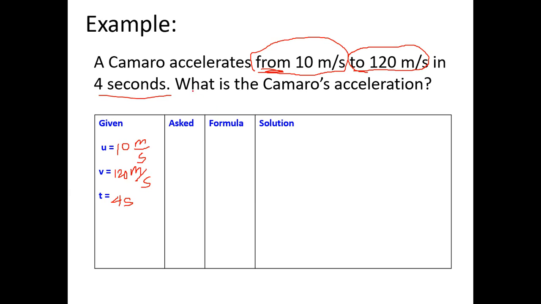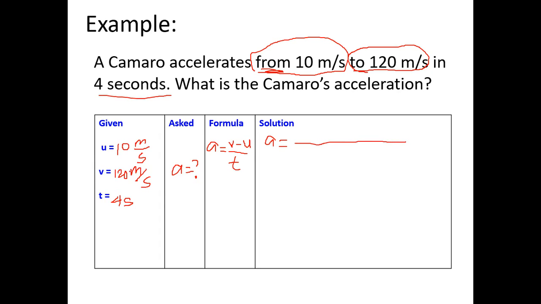Now, what is this problem asking? It says, what is the Camaro's acceleration? So the acceleration is unknown here. And then your formula will give you a is just equal to v minus u over t. And here goes your solution. A is just equal to, so what is your v?